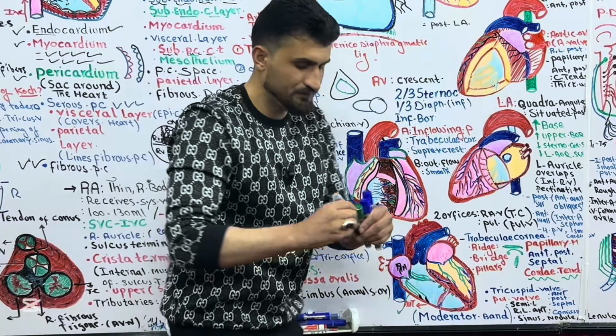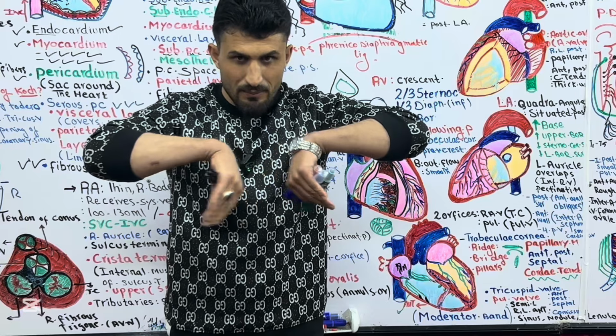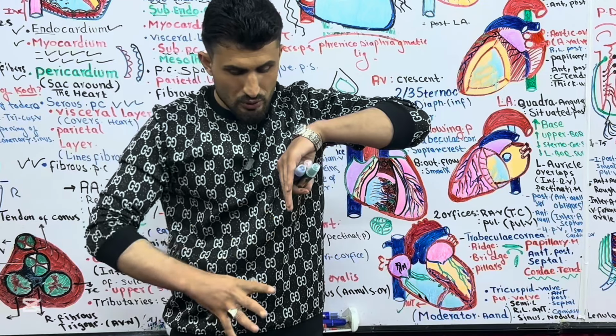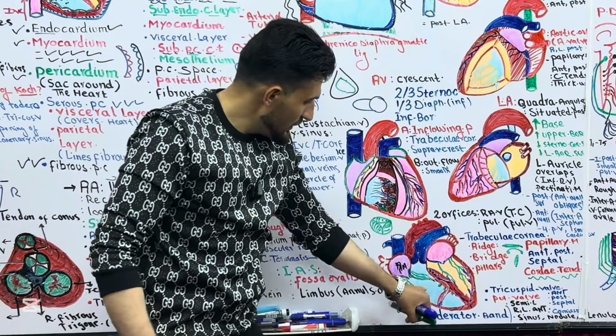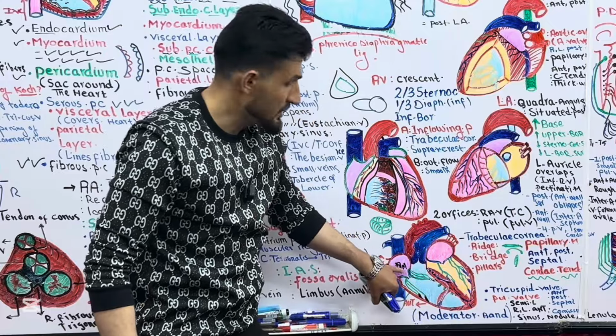For example, this is the valve. They will close like this, and when you generate a lot of pressure, they would bulge like this. When they bulge, they would allow a lot of blood back into the right atrium.